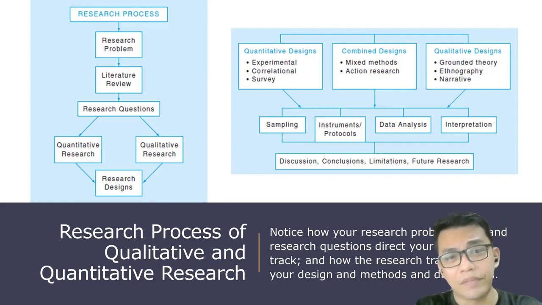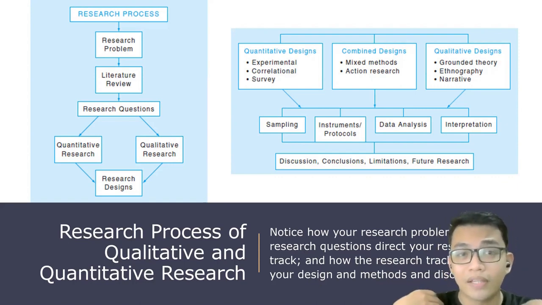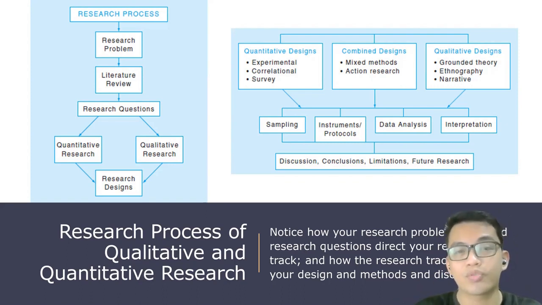Another is ethnography. Ethnography basically is immersing yourself in a particular ethnic group or culture, where you are able to identify the meanings that they attach to particular practices, which is different from what we usually understand.